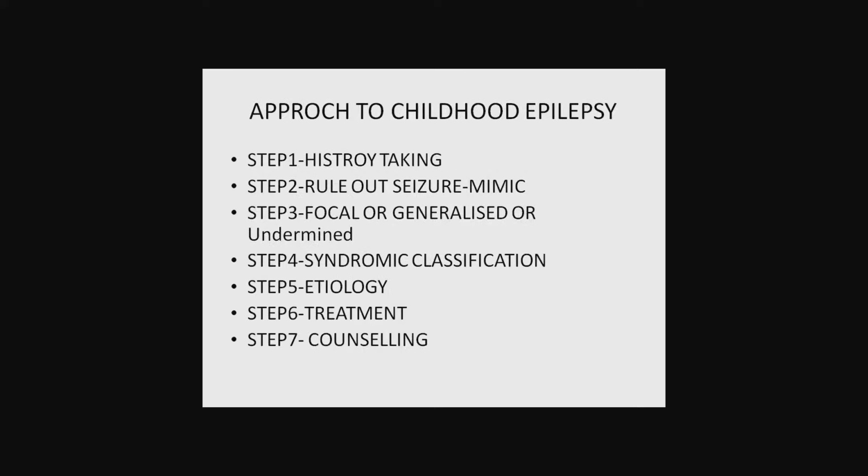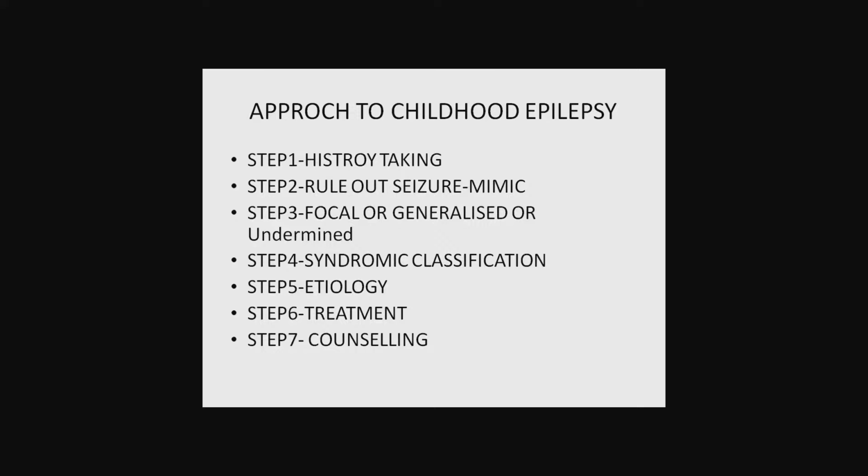Now, if a child presents with a history of seizure or convulsion, then how to approach? We have to approach this patient in a stepwise manner. First, history taking is very important. Second, we have to rule out a seizure mimic. So what are the seizure mimics?